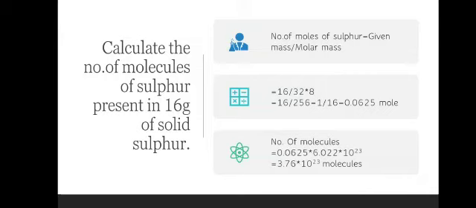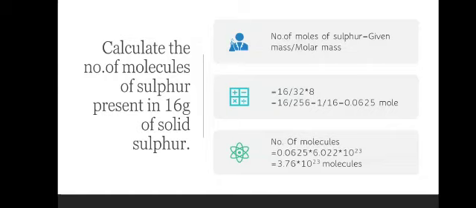What is the given mass here in the question? 16 gram. So 16 divided by 32 into 8, that means 256, the molar mass. 16 divided by 256 is equal to 1 by 16, that is equal to 0.0625 mole. So we got the number of moles of sulfur.